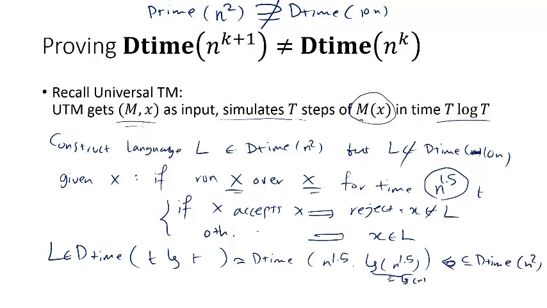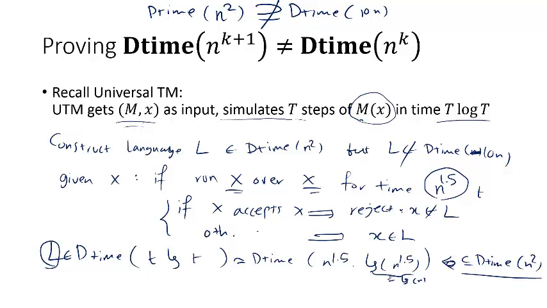If I chose n to the 3 here, I wouldn't know how to conclude that the language belongs to n squared. Because if this time was n to the 3, then I would need n to the 3 steps to run x over itself, and it would take more than n squared. So I chose this carefully to be smaller than n to the 2, and that's why L belongs to deterministic time n squared.